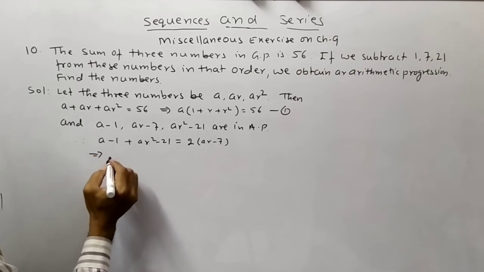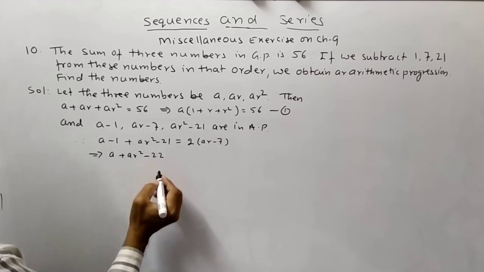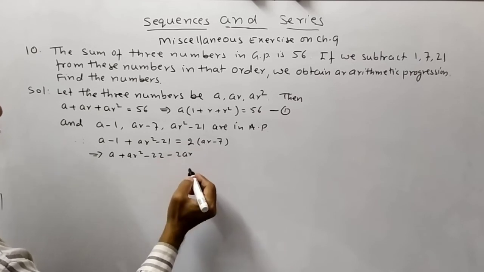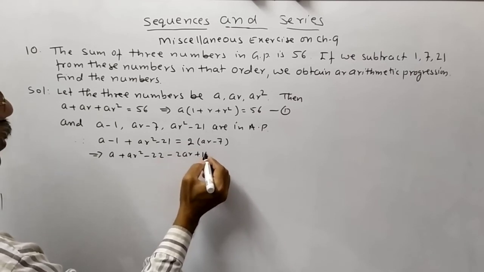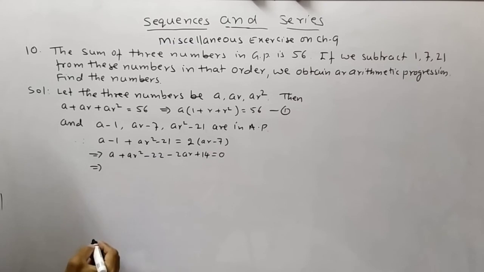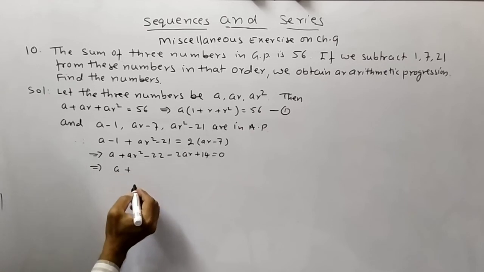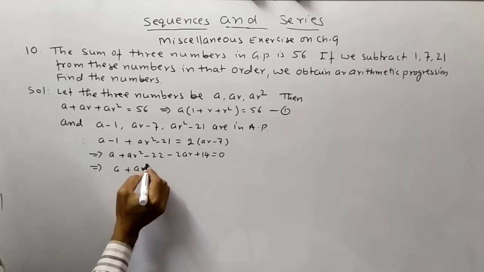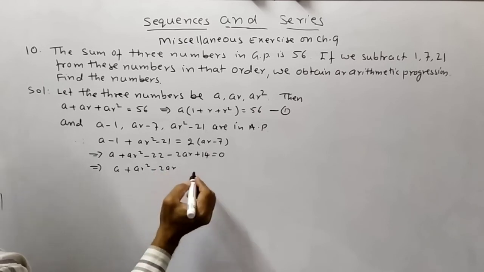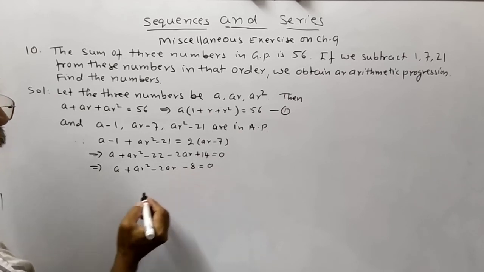This implies a plus ar square minus 22 minus 2ar plus 14 is equal to 0. This implies a plus ar square minus 2ar minus 8 is equal to 0.